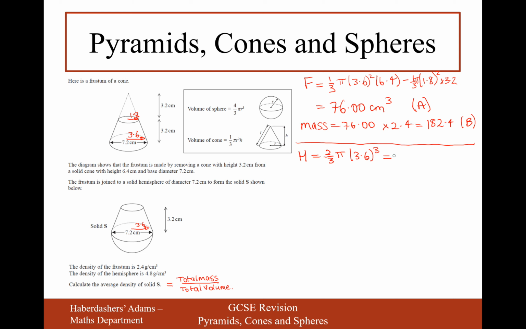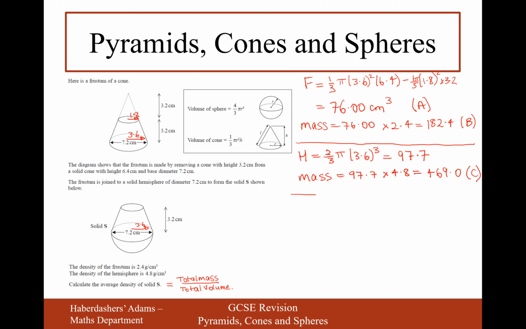That gives us 97.7. And then the mass of the hemisphere is going to be 97.7 times 4.8. So times 4.8 on the answer. 469.0, and I think that will be an important value later on, so I'll store it as C.